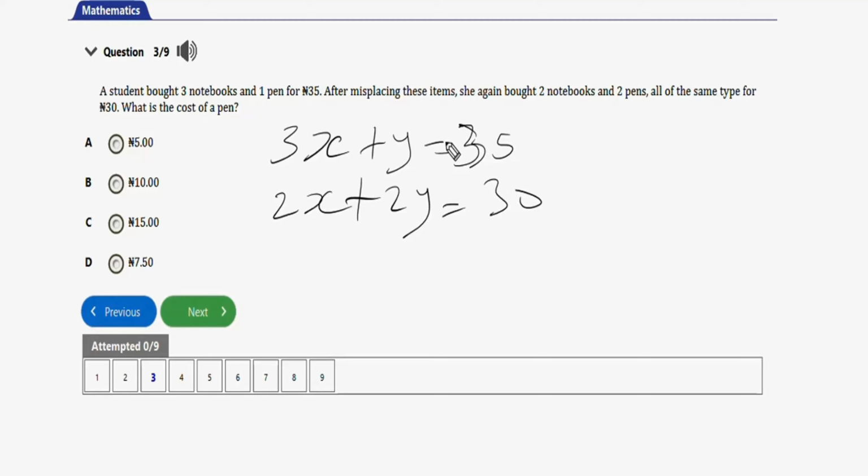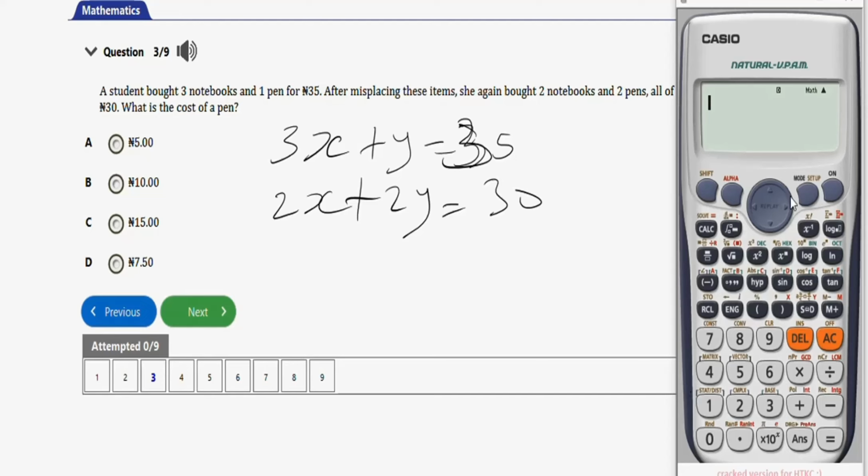So let's punch this on the calculator now. Since we want to solve simultaneous equations, press shift, button 9, all, instructions, press 3, press equal, press equal again. So you go to mode, equations, option 1 for simultaneous equations, 2 variables.